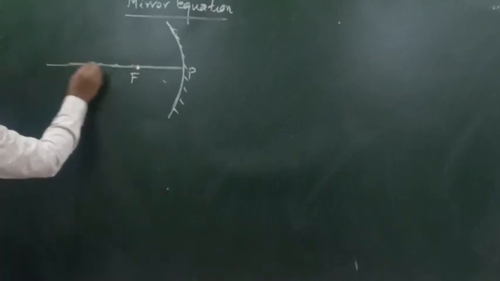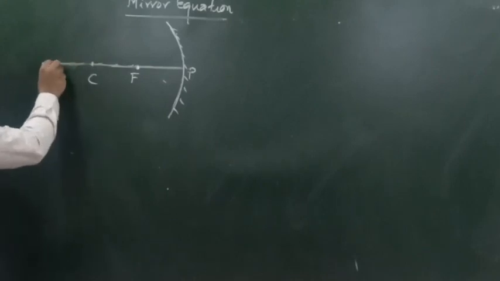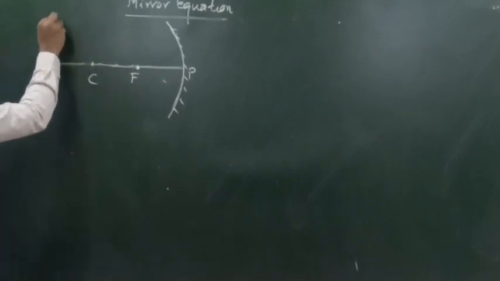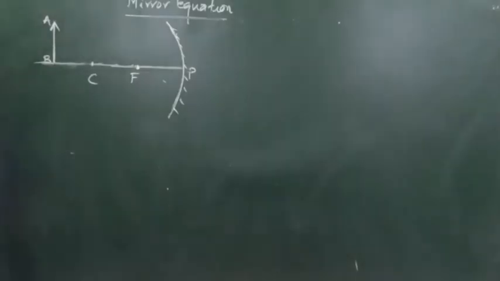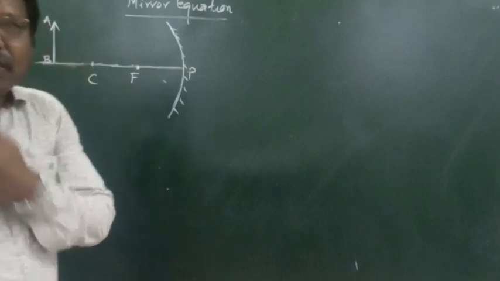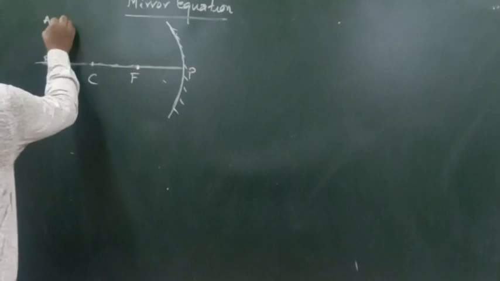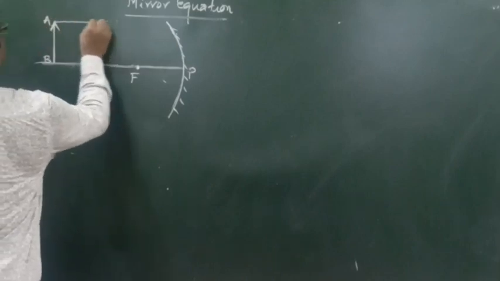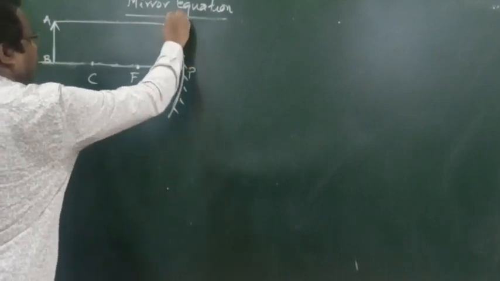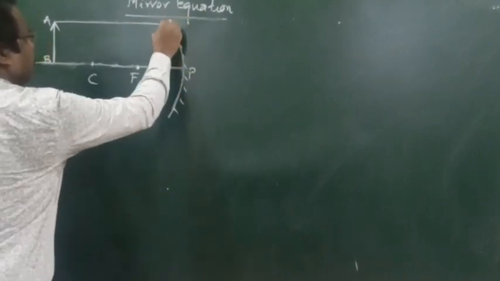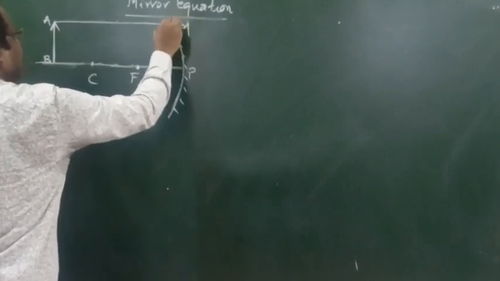Now, if I take an object beyond C, here is an object A, B, okay, and that object we have taken beyond C, between C and infinity, and suppose a ray is incident on this mirror at the point M. What will happen?